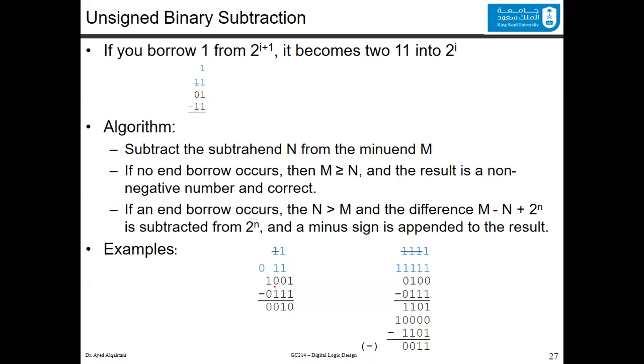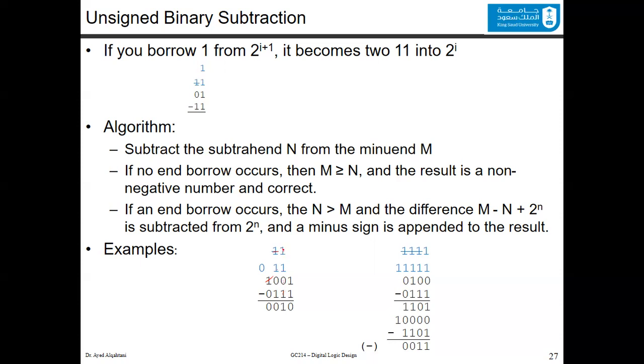The idea of subtraction: we start by subtracting 1 from 1, and you get 0. Now you cannot subtract this, so you need a borrow. You can't borrow from here, it doesn't have anything. You borrow from the last one here. Notice that we borrow this one and we cross it and we generate 2 ones here. And then we cross one of them. I picked this one and we generate 2 ones here.